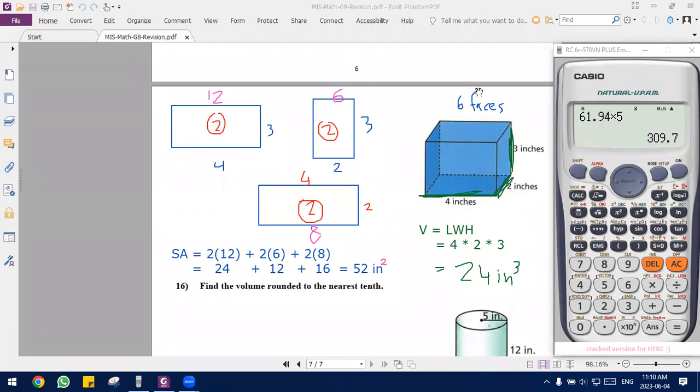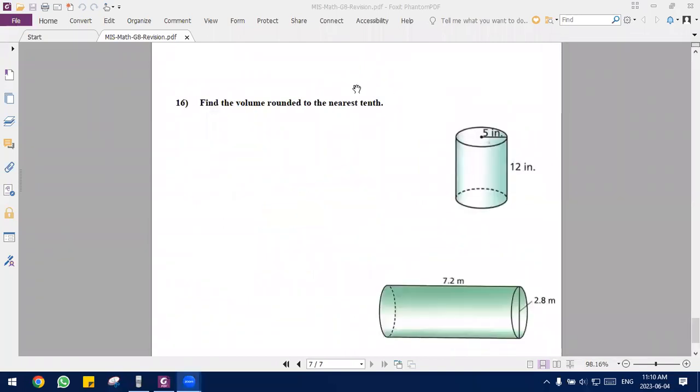All right. Question 16. Find the volume rounded to the nearest tenth. So you need to write the formula. The volume of the cylinder is pi r squared times h, the height. So pi times r here is 5 squared times the height here is 12.